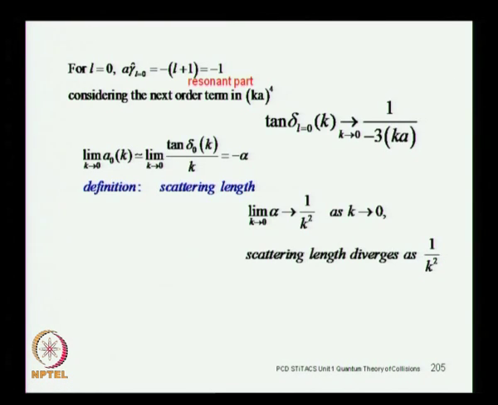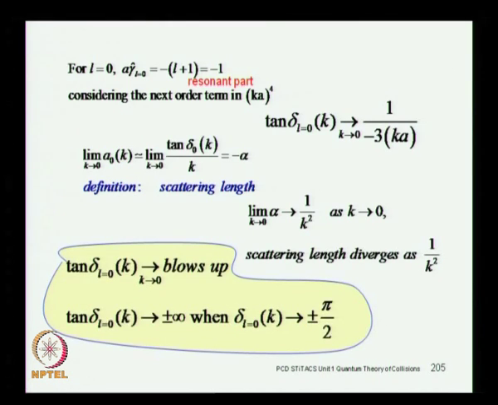So, the scattering length goes as 1 over k square, and because of this, tan delta blows up. When tan delta blows up to infinity, the phase shift delta is like pi by 2, multiples of pi by 2 modulo pi, of course.